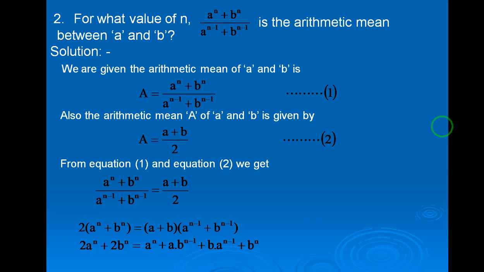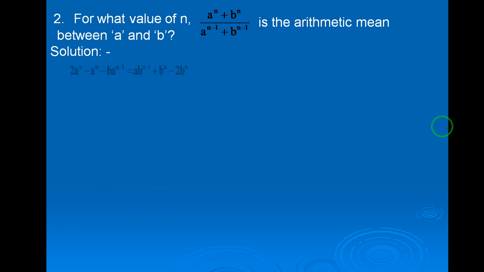Now by rearranging we get 2a^n - a^n - b a^(n-1) = a b^(n-1) + b^n - 2b^n.